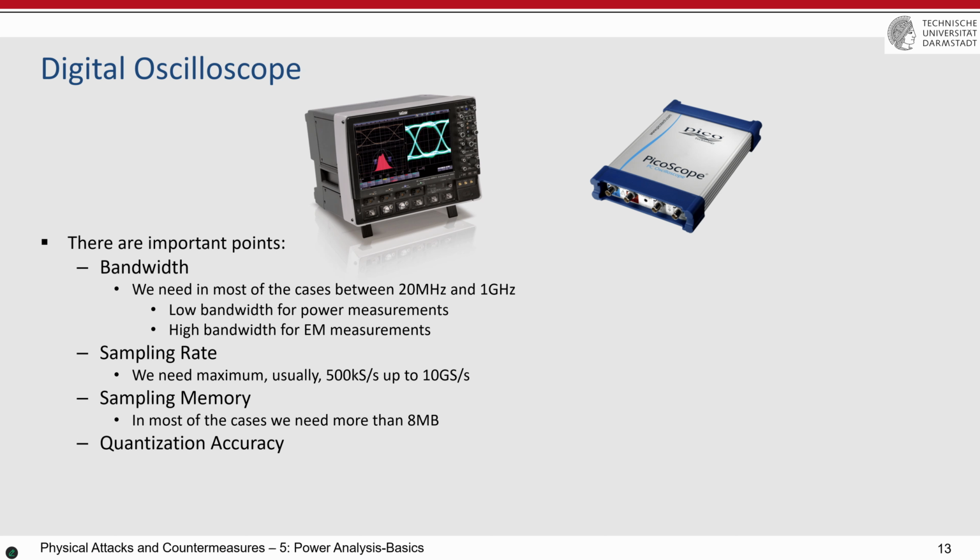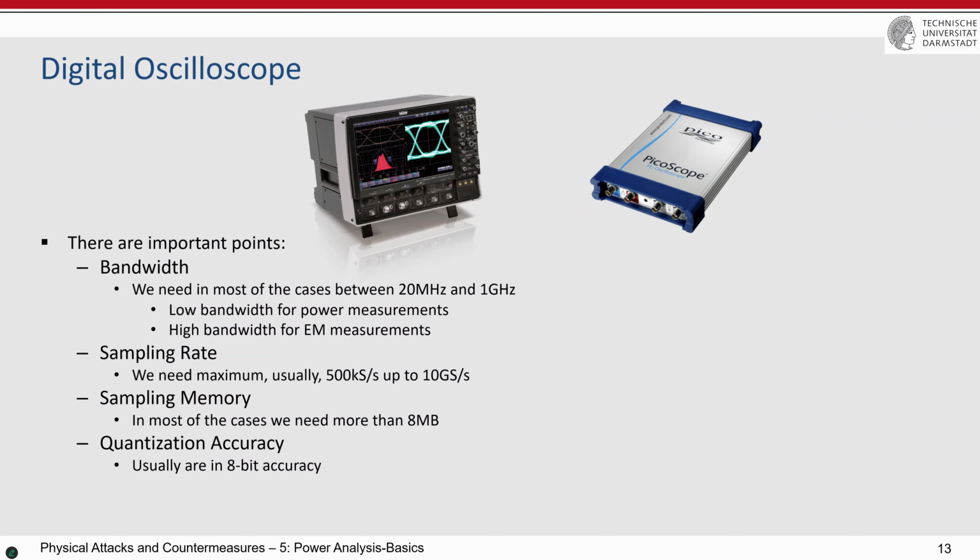And usually digital oscilloscopes have an 8-bit ADC, and 8-bit accuracy is actually enough for us. It means that, as I said, you need to bring this signal to fill the full screen of your oscilloscope. Otherwise, if you fill just a small part, the quantization is very low, because you use, for example, just 4 bits of the ADC.